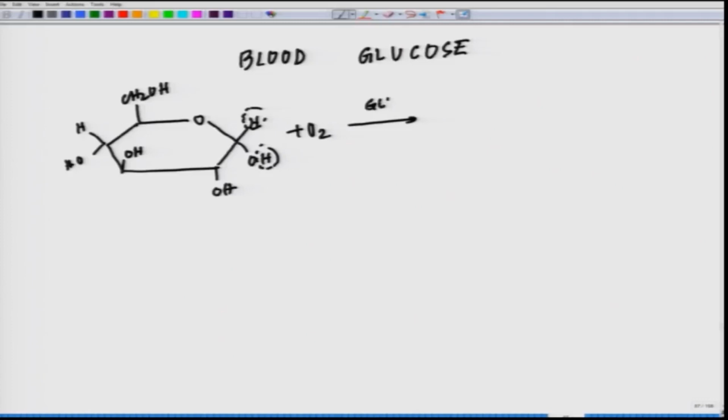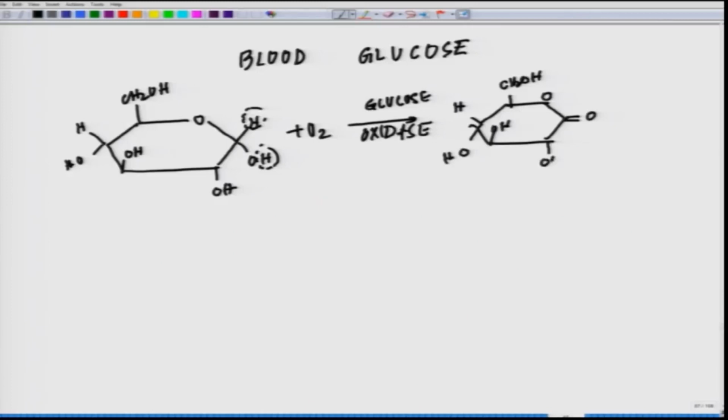In the presence of glucose oxidase, it forms gluconolactone, which is a compound like this, with CH2OH. The rest all remains the same, H, OH, OH, OH, plus H2O2, and that is why I label those.